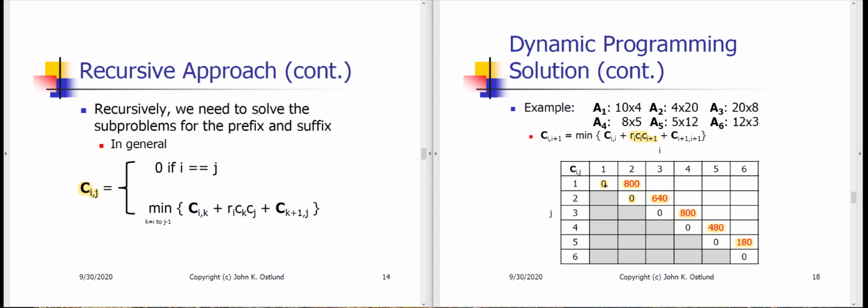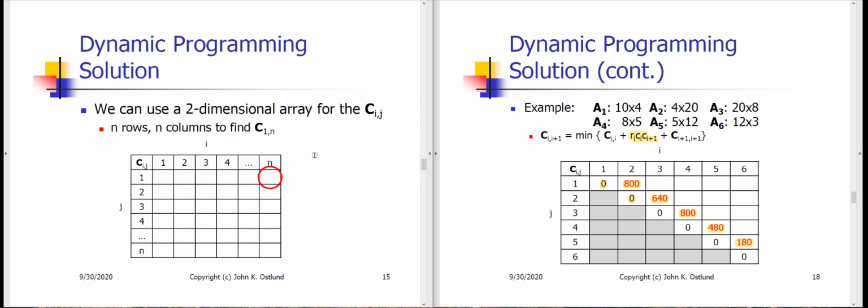So all that we need in order to compute this cell is the values to its left and the values below it, and the dimensions R1, C1, C2, which are just stored as part of the descriptions of the array variables. All right, and so the importance of remembering these earlier values in the matrix is going to come into play now when we start taking a look at C sub i,i plus 2.